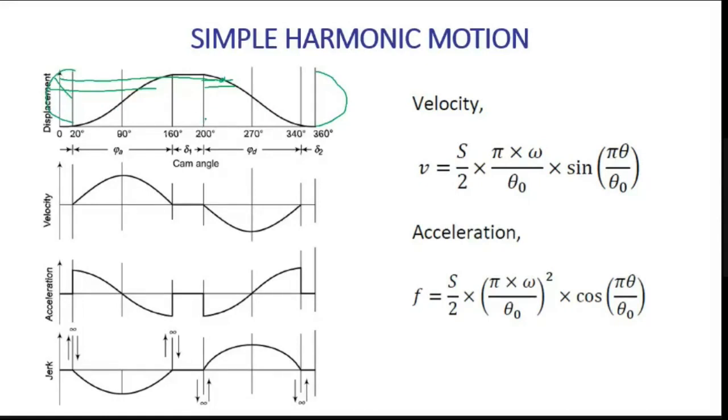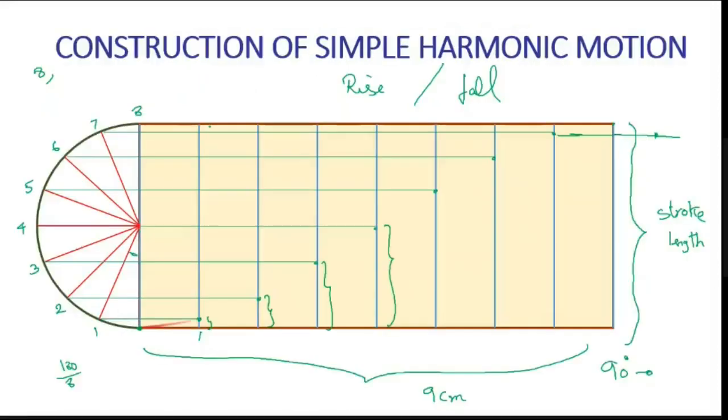If suppose they are given this as uniform motion and this as simple harmonic, then you can draw it here and split it and you can bring it on the other side. So it depends on the problem. Wherever it is, you can split it and you can do it on the opposite side. Whatever we discuss here, you have to do it on the other side, so that it comes downwards, something like this.